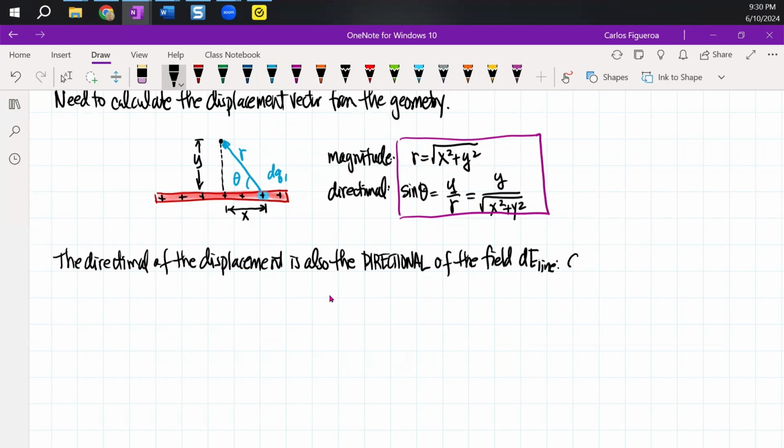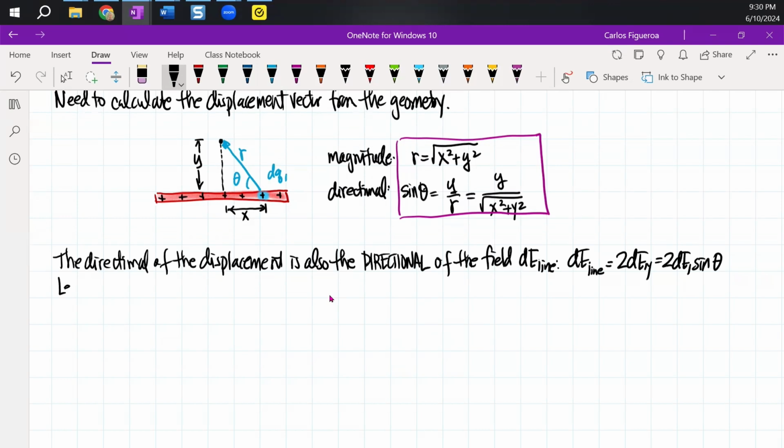So if I write that dE line is equal to 2 dE1y, well, guess what? I can immediately say that this sine of theta is the same as the sine of theta. Now, that may not be satisfying to you, so let's sketch the fields to make sure that it's clean.